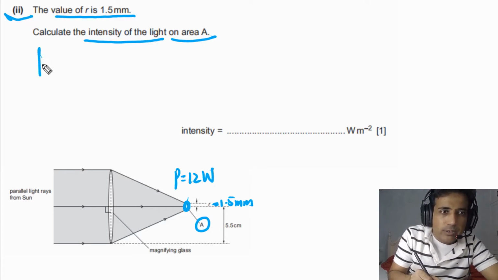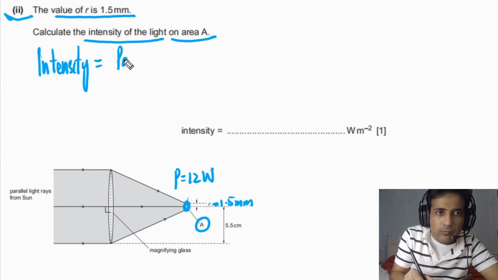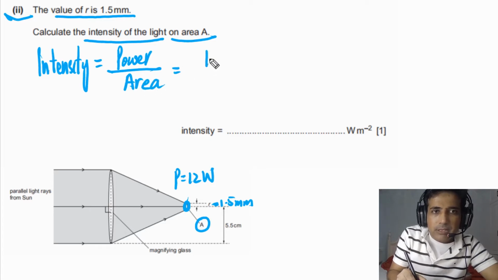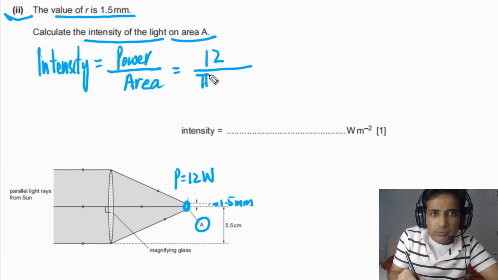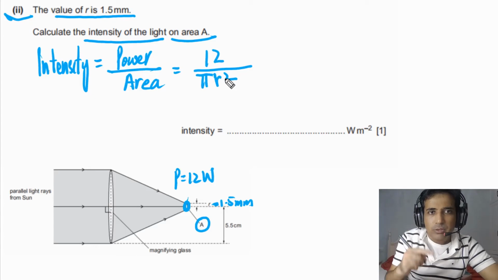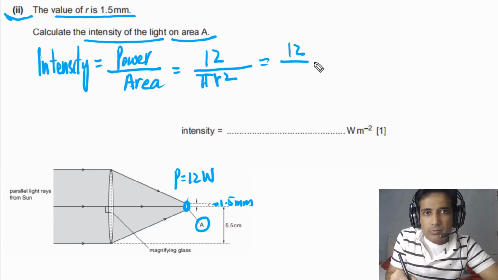We need to calculate intensity, so simply we can use this formula. Intensity is equal to power divided by area. In this case, power is equal to 12, and area we need to calculate. We can use the formula pi r square because this is a circular shape. Now we need to plug in values.